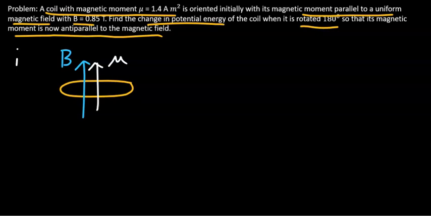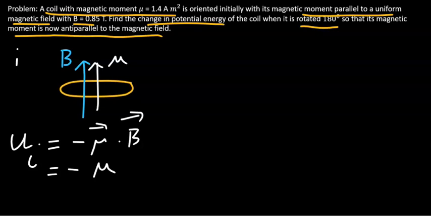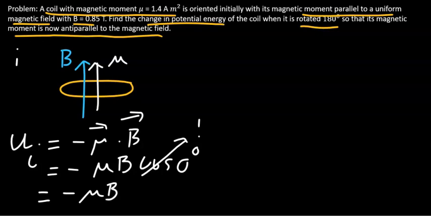In this case, the magnetic potential energy is given by minus B dot mu, or mu dot B. So that is just minus the magnitude of mu times the magnitude of B times the cosine of the angle between them. In this case it is 0 degrees. So cosine 0 is 1. So you get just minus mu B.